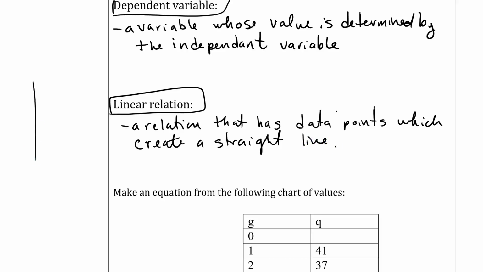So if we were to create this plane here, we would see that this is an example of a linear relation, this is an example of a linear relation, but if I choose a different color, something like this is not an example of a linear relation. It's a relation that has data points which create a straight line.